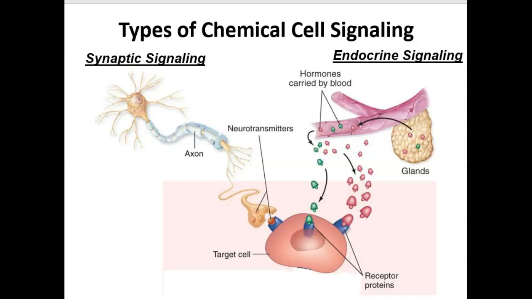The neurotransmitter diffuses across what is known as the synaptic cleft to reach its target cell. The target cell may be a muscle cell, another neuron, or even a glandular cell. Because the signaling cell and the target cell are close to one another, this is just a specialized type of paracrine signaling.